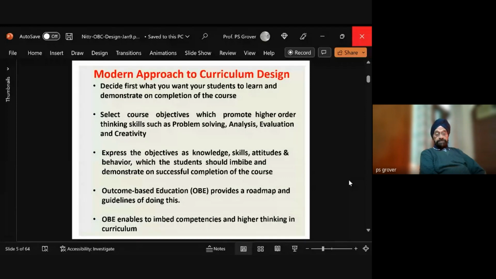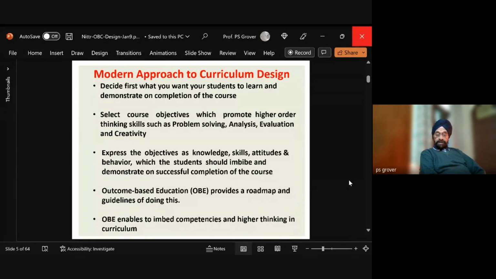So this means the goal of present day teaching learning is not only to impart knowledge as we have been doing traditionally, but to ensure the student not only gains knowledge, but develops skills, acquires attitude and behavior, whereby he can develop those competencies which are required in this age. And this can be done.